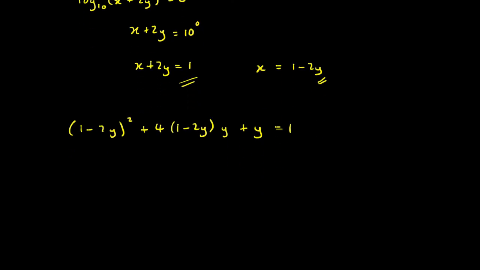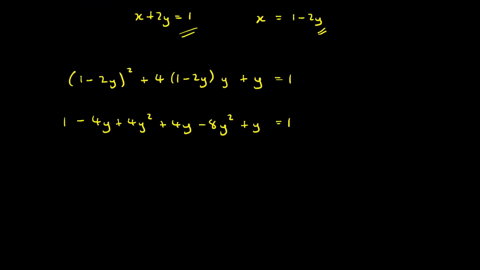Now if we expand all this, that will give us 1 minus 4y plus 4y squared plus 4y minus 8y squared plus y is equal to 1. So 4y squared minus 8y squared is minus 4y squared. We've got minus 4y plus 4y is 0, plus y is plus 1y. And then we have 1.